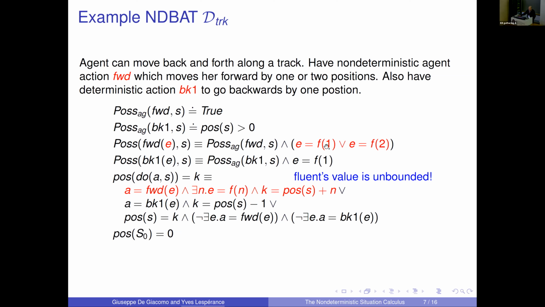Here we can see that the reaction can be essentially move by 1 or move by 2. And the successor state axiom says that the position of the agent after the forward action depends on what the environment reaction was. He moves by the associated number of steps.